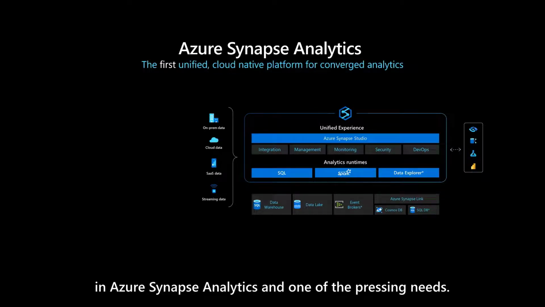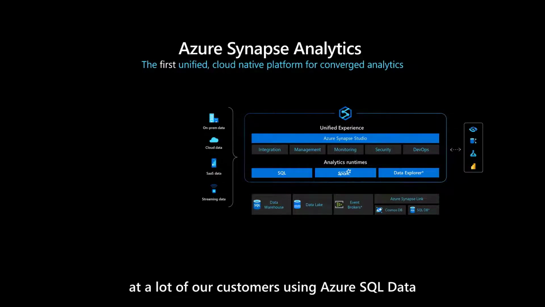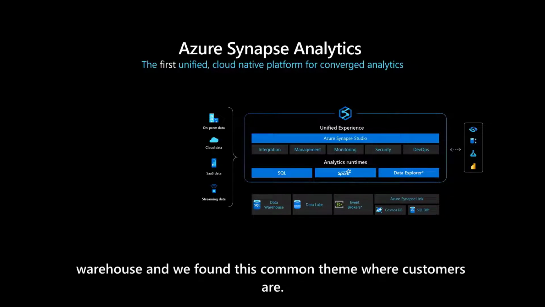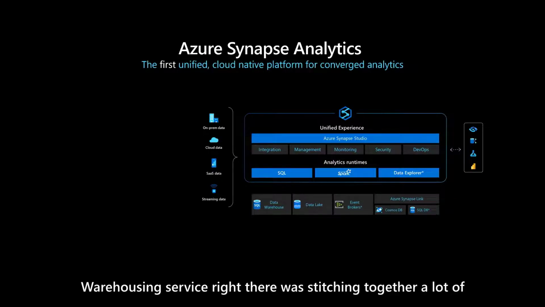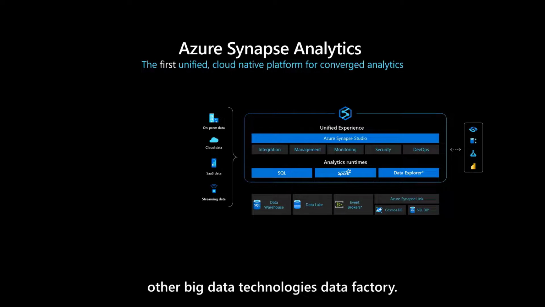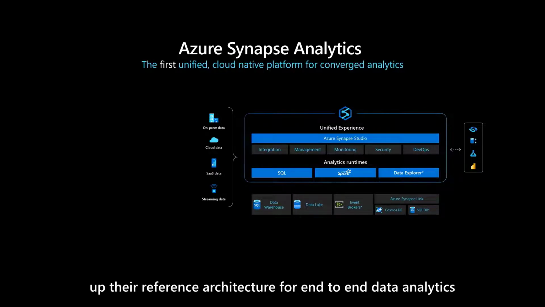One of the pressing needs why Azure Synapse Analytics came into being was we looked at a lot of our customers using Azure SQL Data Warehouse, and we found this common theme where customers were spending a lot of time building the ecosystem around their core data warehousing service, right? They were stitching together a lot of other big data technologies, Data Factory, all other Azure services and non-Azure services to really light up their reference architecture for end-to-end data analytics scenarios.